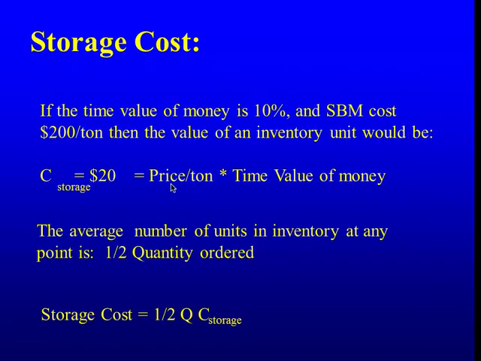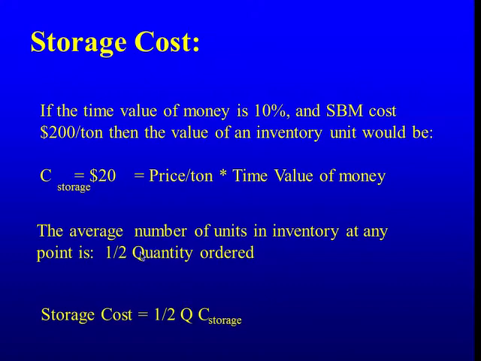In other words, the price per ton times the time value of money. So each ton of soybean meal that sits on the barn floor or in the storage bin is costing me $20 per year. Now we know the average inventory based on 1/2 of the quantity ordered, Q, so then we also know what the storage cost is.